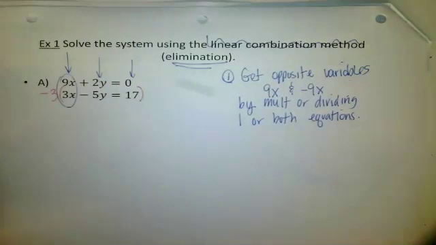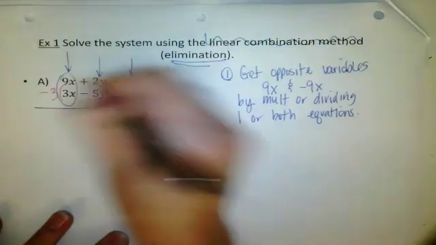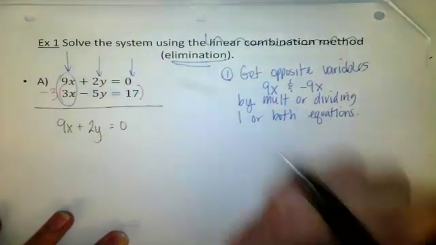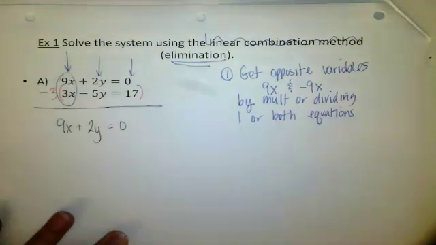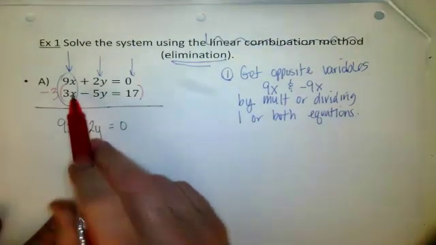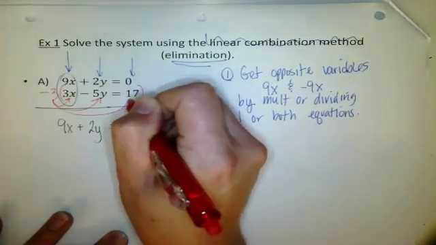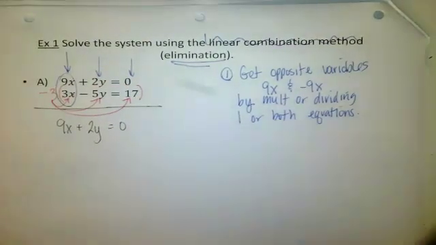So in this particular problem, I am not changing the top equation, 9x plus 2y equals 0, but I am changing the second equation. When you multiply, the biggest mistake is not distributing the negative 3 to every single term.